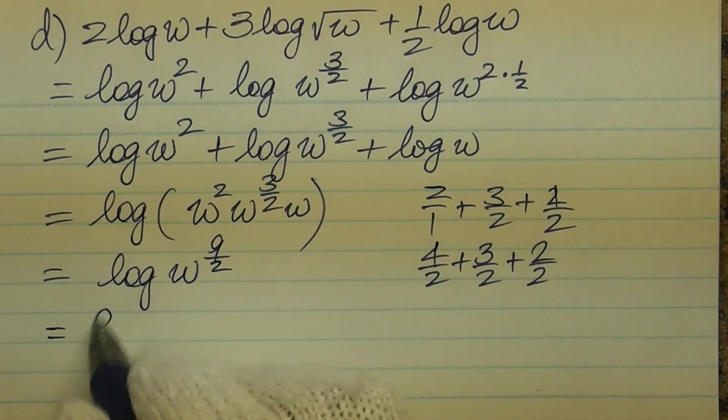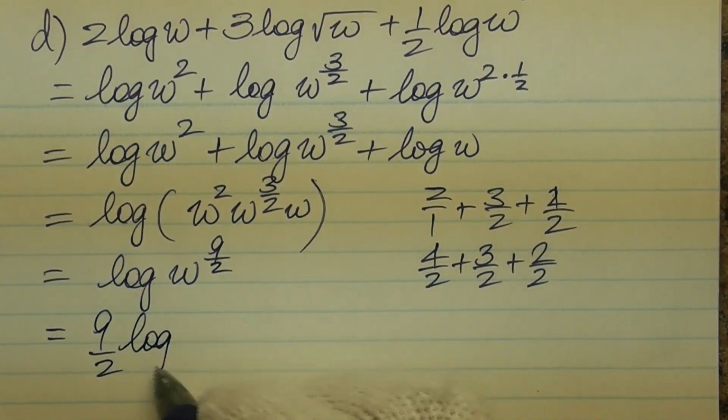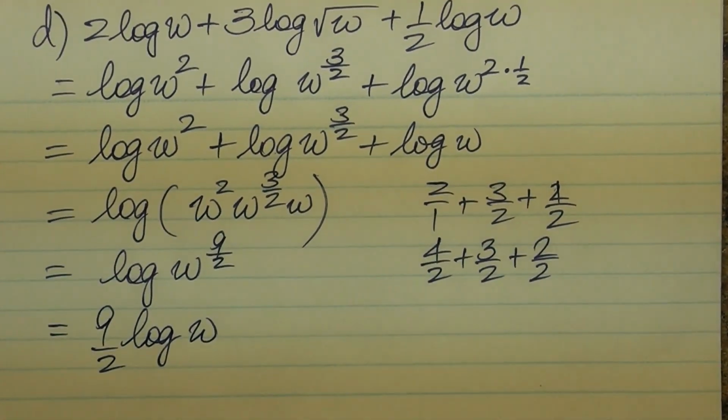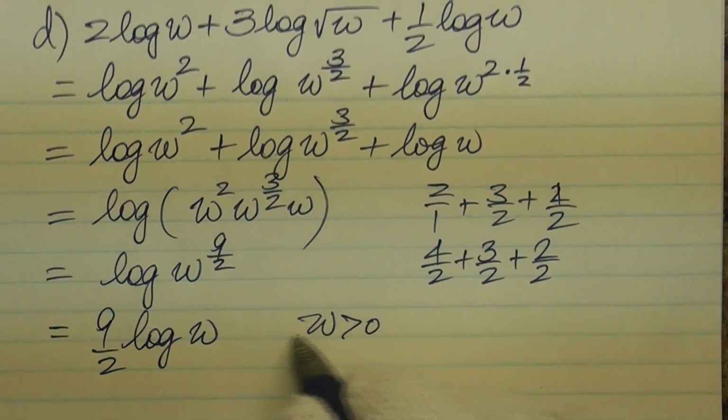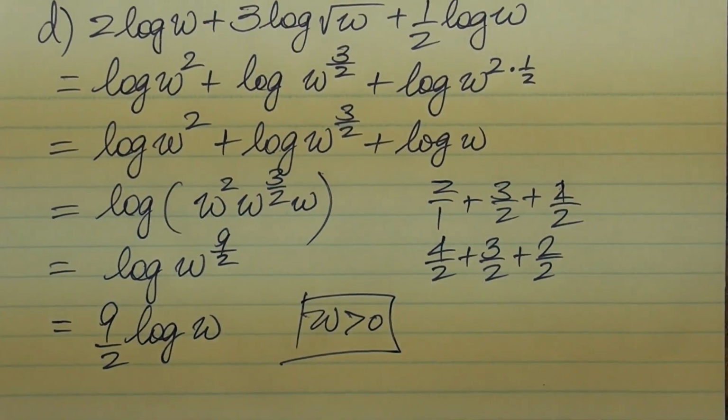Which is the same as 9 over 2 log w. W must be greater than 0.